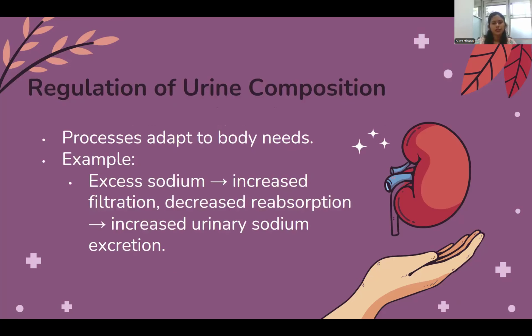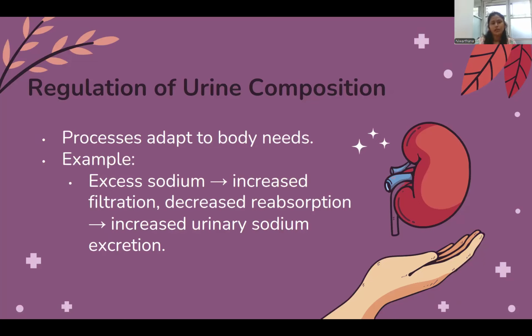Now, the regulation of urine composition. These processes adapt to the body's needs because we need to maintain the fluid balance of the body. According to the fluid and ion content of the body at the moment, the body adjusts the urine amount.